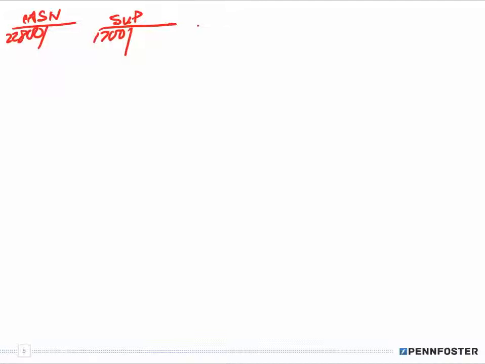We need, oops, let me do it differently here. Sorry about this. Let's do accounts receivable, and the balance is 19,700. Okay. Then I'm going to have a prepaid insurance with a beginning balance of 2,300.